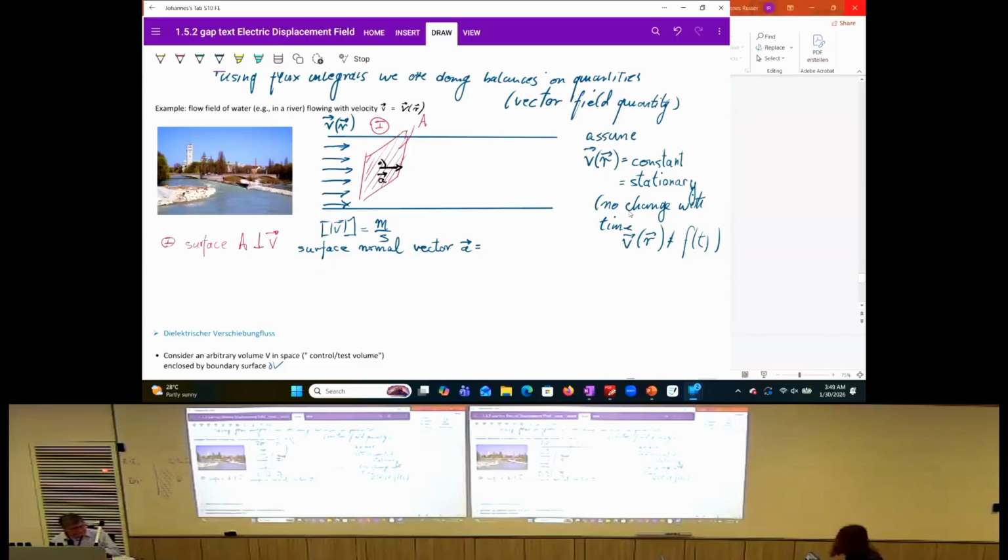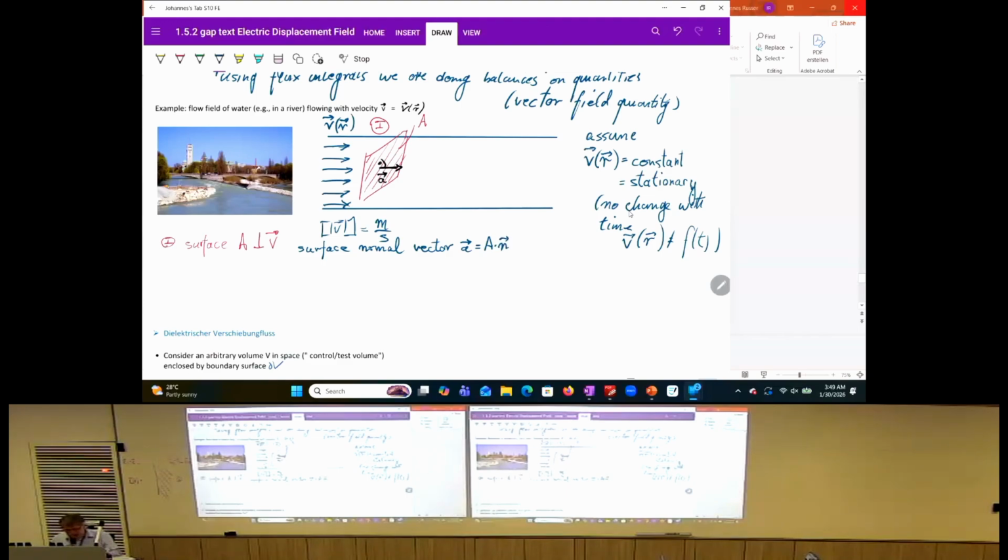You need a vector that takes into account the size of the surface element, which is given with A, the area of that surface element, and the orientation, which is given with the normal vector.